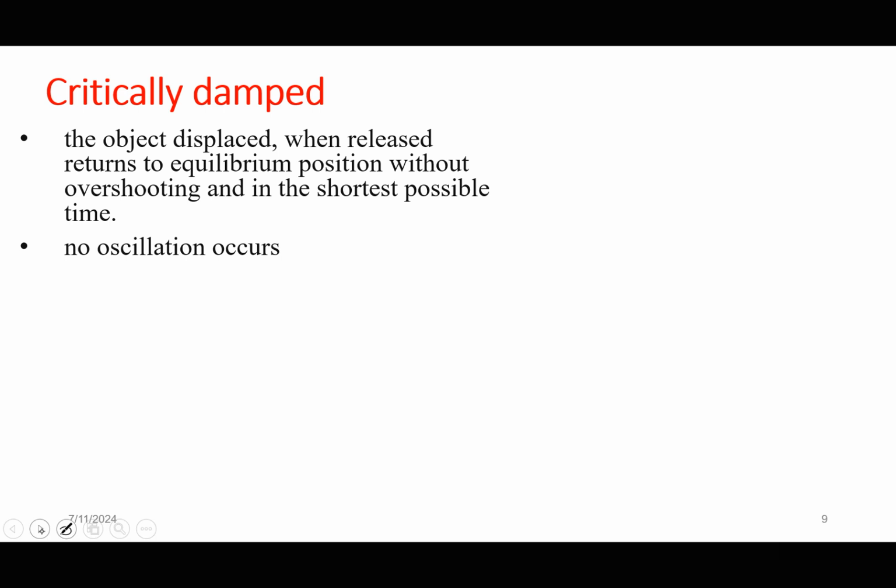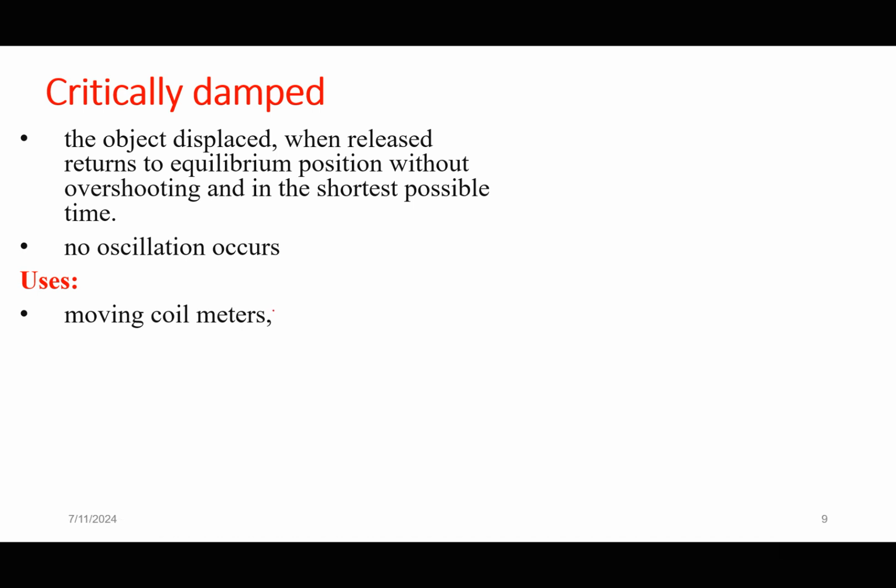The most common use for critical damping is in moving coil meters. For example, you have seen an ammeter. When you connect it to a power supply, the pointer immediately moves. When you connect a galvanometer or a voltmeter, those analog instruments, to a power supply or a battery, the pointer immediately moves because it is critically damped. When you turn the switch off or disconnect, the pointer immediately goes back to zero because it is critically damped.